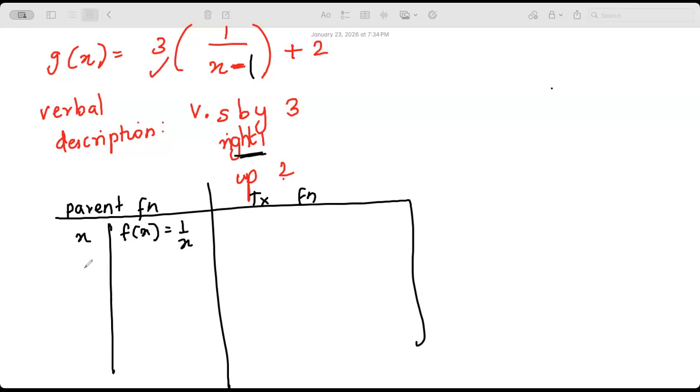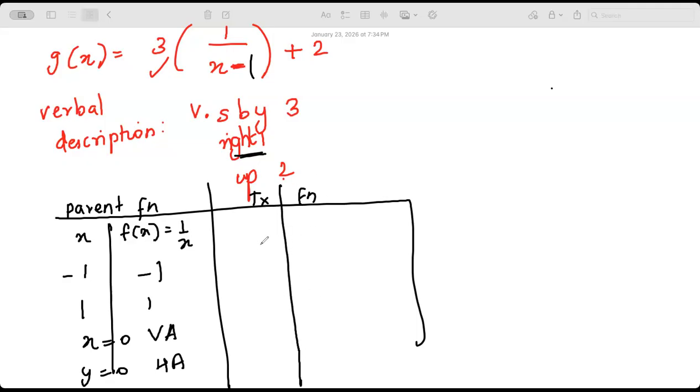The reference points were minus 1 comma minus 1 and 1 comma 1, x equal to 0 was your vertical asymptote, and y equal to 0 was your horizontal asymptote. For rational functions, the initial graphing is very easy, but when you move a little step up, it becomes very complicated. So unless you understand this, things will become very hard.